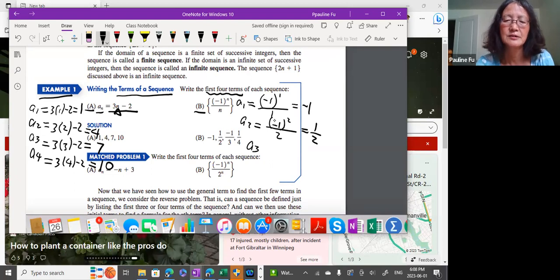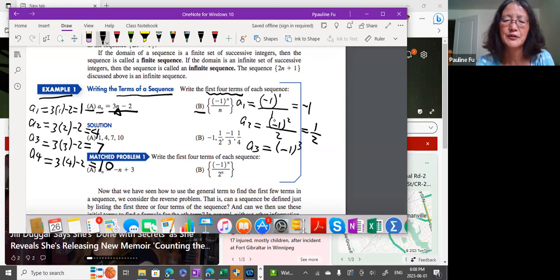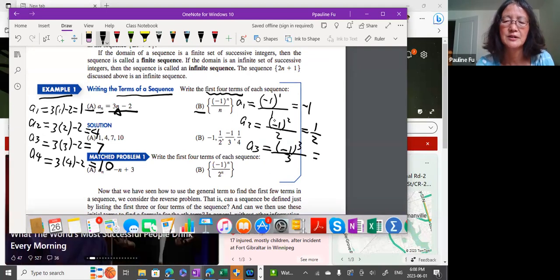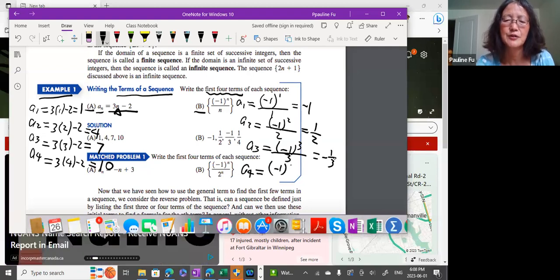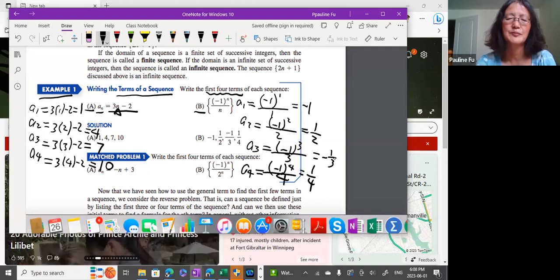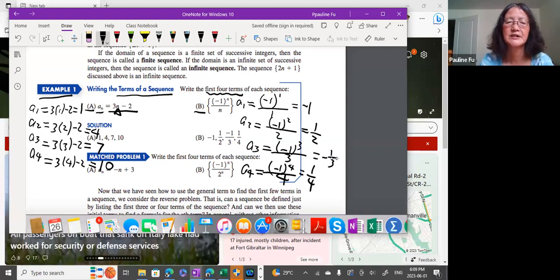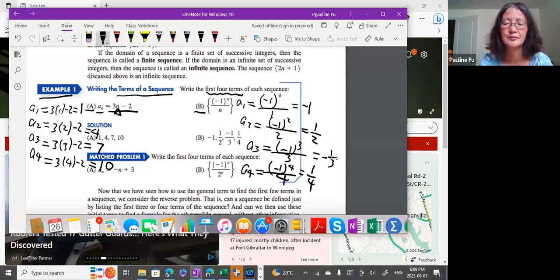A3 equal to negative 1 raised to power 3 over 3, which is negative 1 over 3. And A4, negative 1 raised to power 4 over 4, which is 1 over 4. So that is B. Questions for the terms of each sequence?